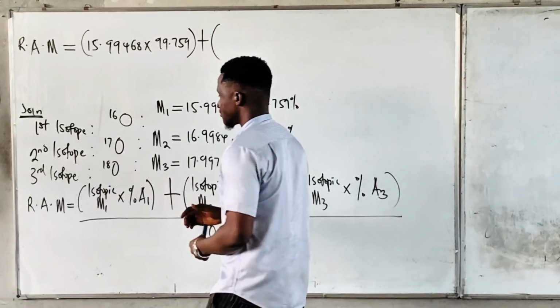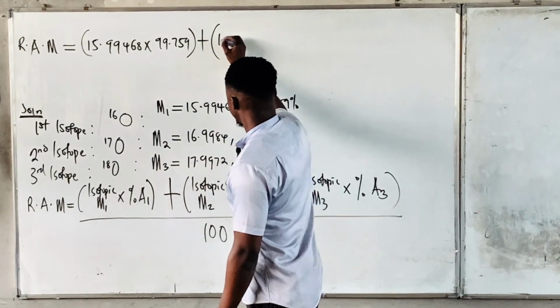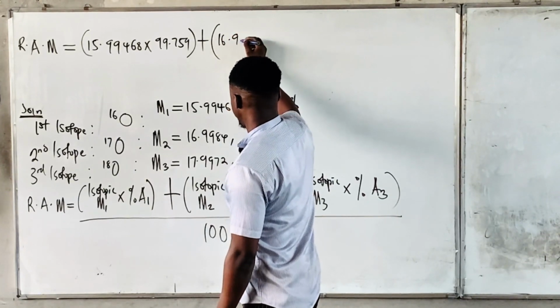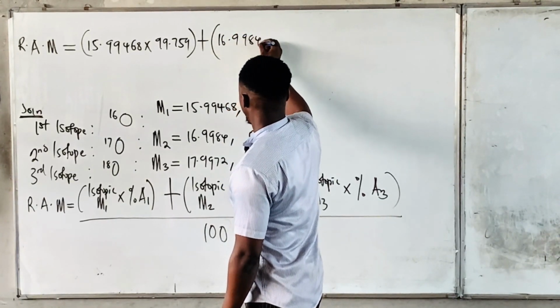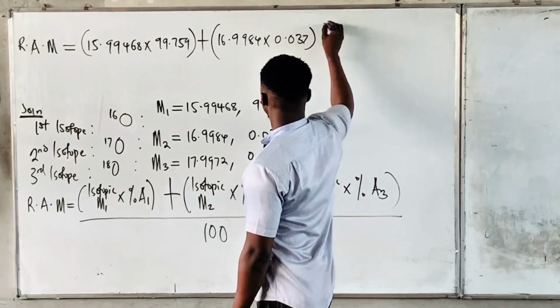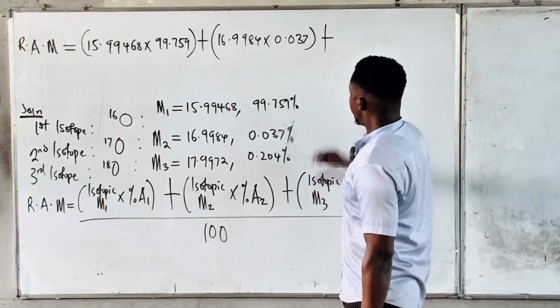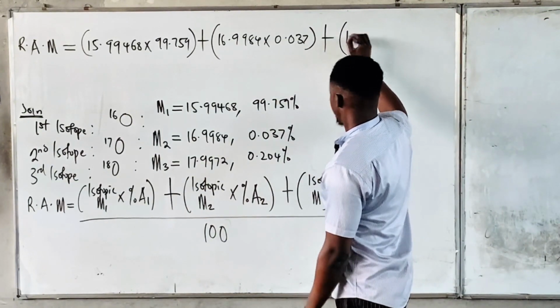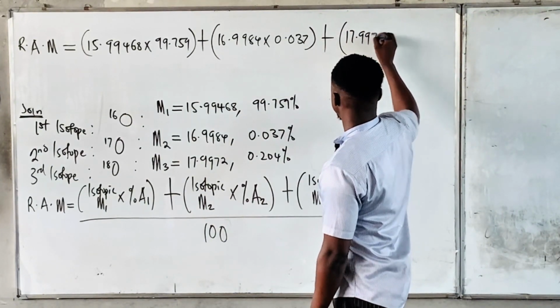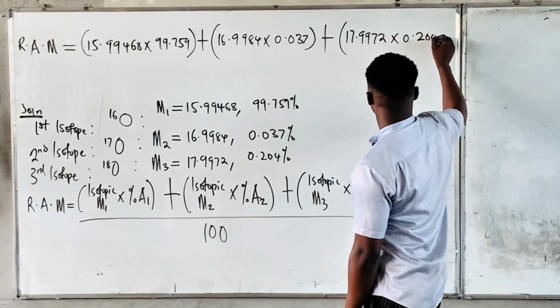Plus isotopic mass 2, which is this one, 16.9984 times the abundance, 0.037, plus isotopic mass 3, which is 17.9972 times 0.204.